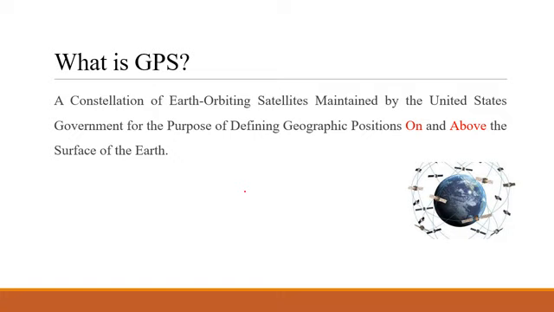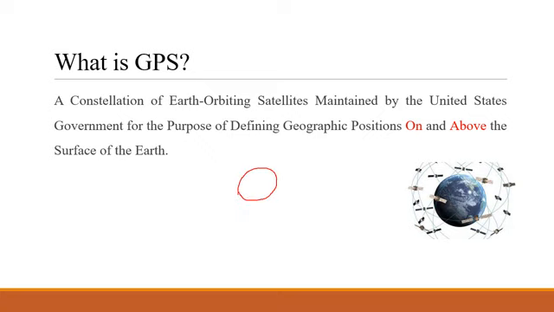So, coming towards the other point, what is GPS? A constellation of Earth orbiting satellites maintained by the United States government for the purpose of defining geographic positions on and above the surface of the Earth. This statement says that GPS is a constellation of Earth orbiting satellites maintained by the United States government, which is controlled by the US government.